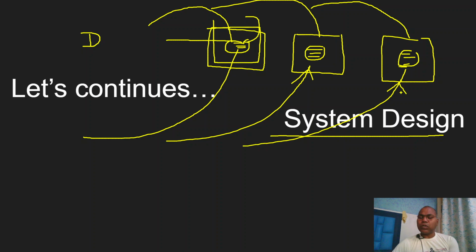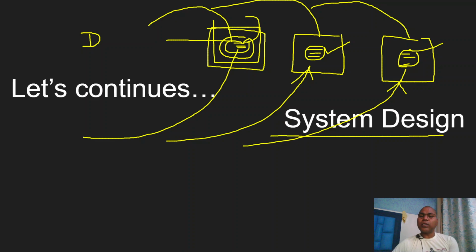consistency means that whatever change is made here is instantly applicable and replicated here, so that reads on any node ensure that the updated value is read by every node.